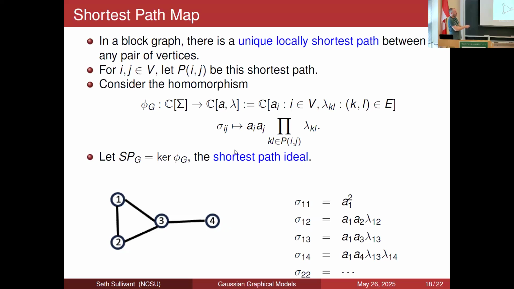And this monomial parameterization is the one that gives you the toric structure, which is you're going to map sigma ij to a monomial that is the product of the edges along the unique shortest path. And then you have these ai times aj that you just need there to keep track of the multi-grading, essentially.